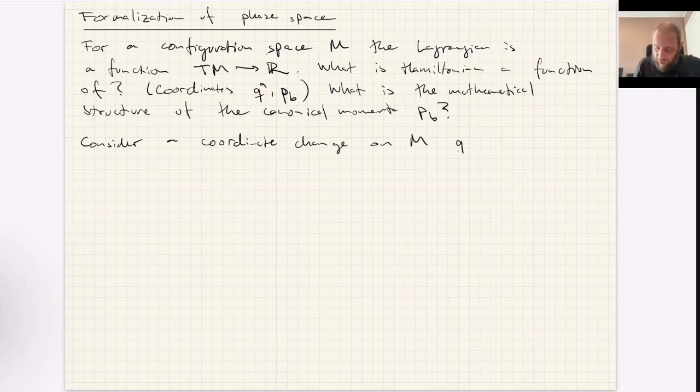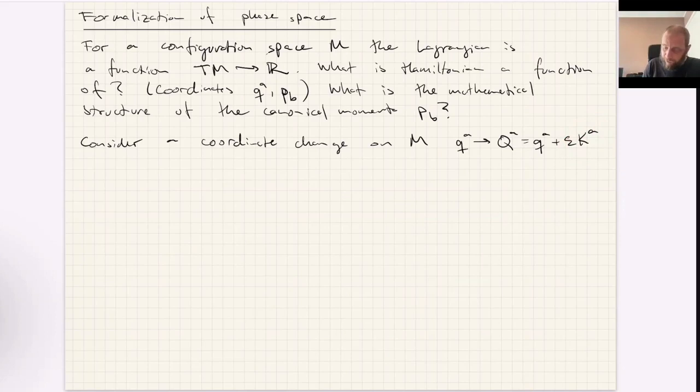So q^a goes to some new coordinates, capital Q^a, which we can write as a small translation by some vector field K. So this is a coordinate change on configuration space, right? Assuming here that K is only a function of the coordinates q.